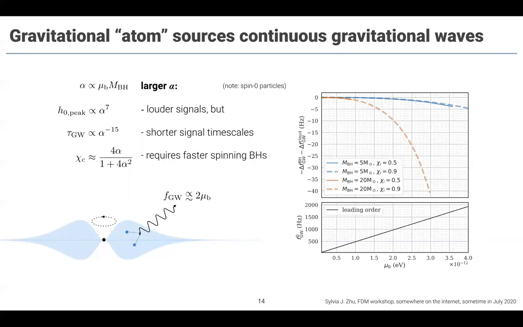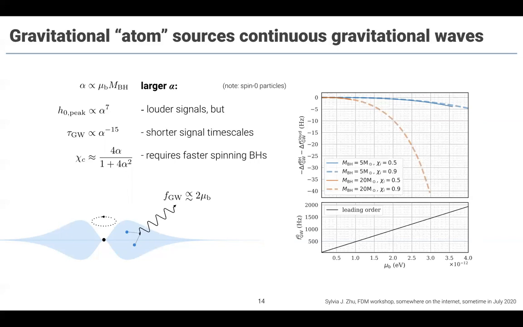So as soon as you have a louder signal, you also have a much shorter signal time scale. On top of that, remember there is this requirement, in the classical analog with the ball and the cylinder, that in order for the ball to pick up speed, it has to be slower than the cylinder. The cylinder has to be faster than the ball.